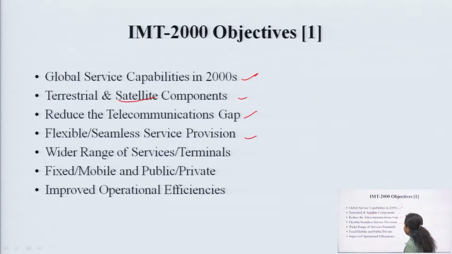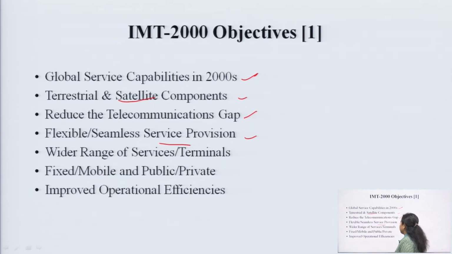It will reduce the telecommunication gap, because telecommunication gap means, let us say in some areas it is not possible to provide connectivity of the internet or voice calls. So, it will be reduced by this IMT 2000, means better connectivity will be provided.